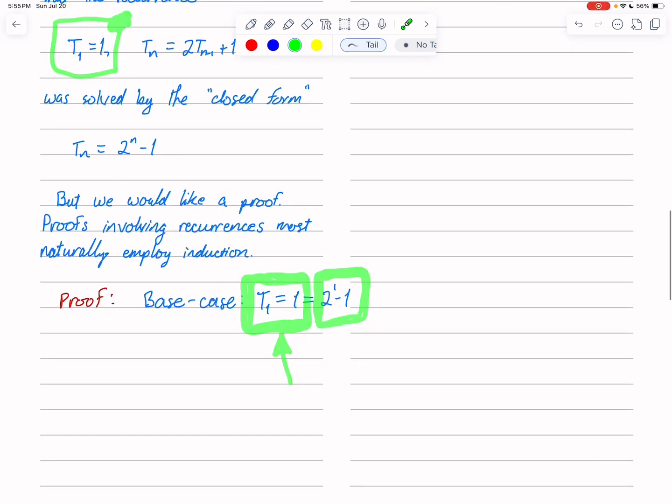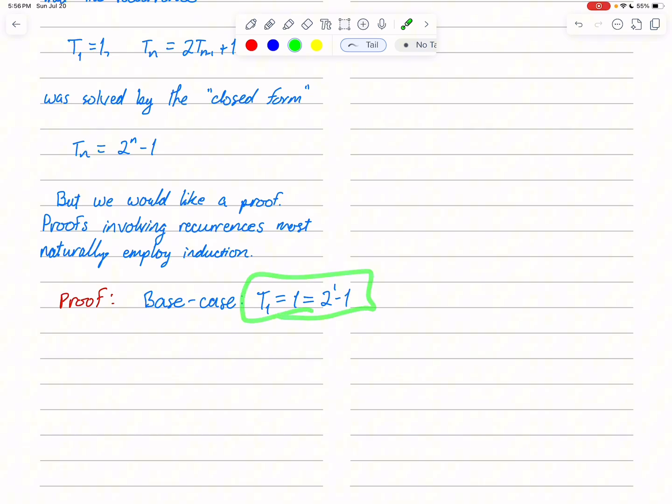So we know that t sub 1 is equal to 1. If we apply n equal to 1 to our formula, 2 to the n minus 1, we're computing 2 to the 1 minus 1. If you compute that, you get 2 minus 1, which is equal to 1. So yes, everything here is equal, and that confirms what we needed to confirm for the base case.